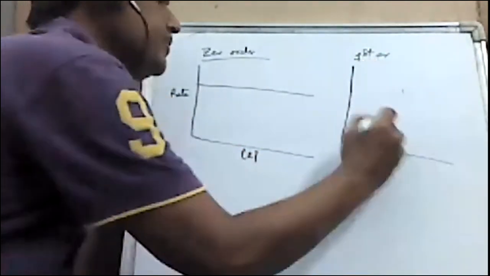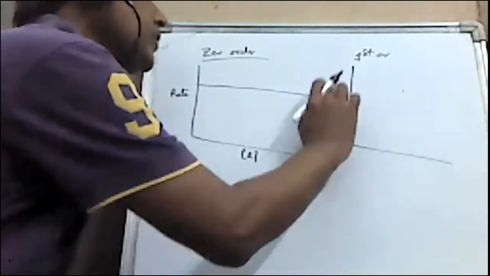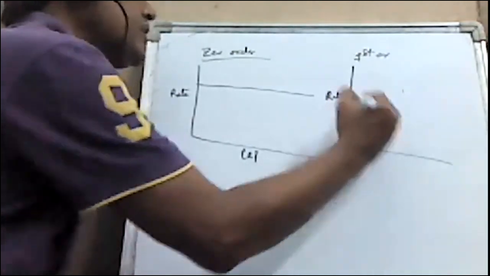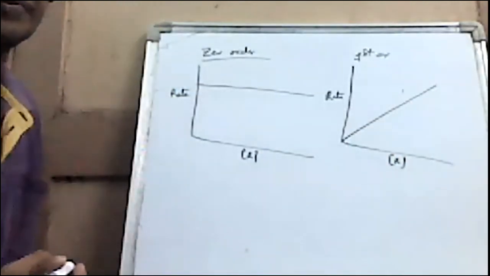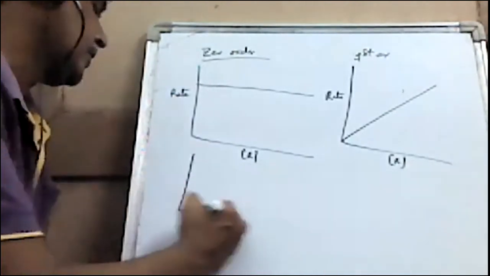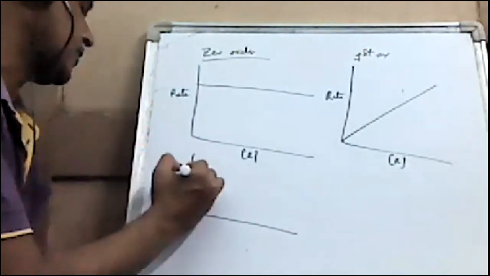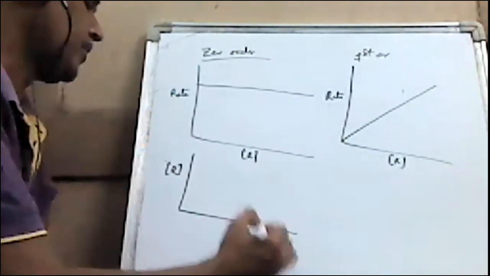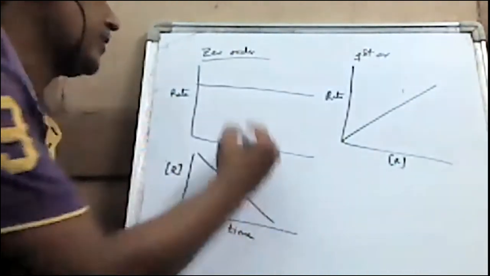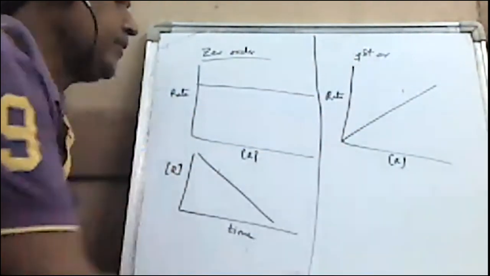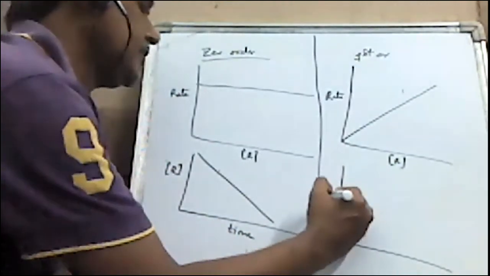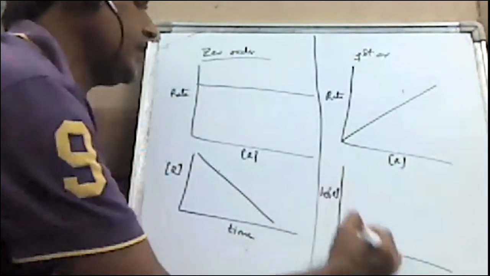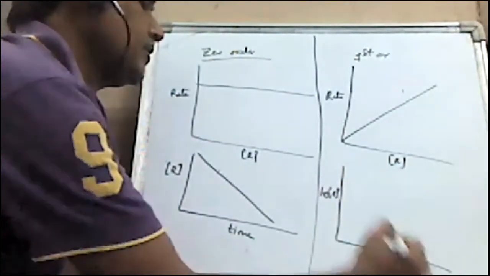If we take rate versus concentration of the reactants, the plot is passing through the origin. Now what about the second plot? Concentration of reactants versus time. The plot is like this for zero order reaction, whereas for first order reaction, the plot is log concentration of the reactant versus time. The plot is like this.